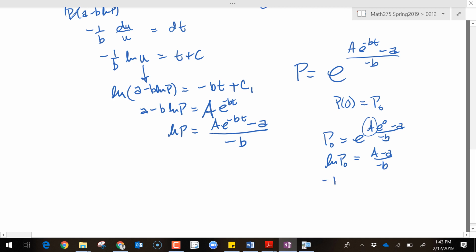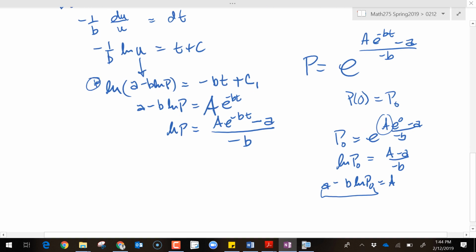So negative b ln P naught plus a. I don't like this. We should have solved for our constant over here somewhere instead of changing more constants and stuff.